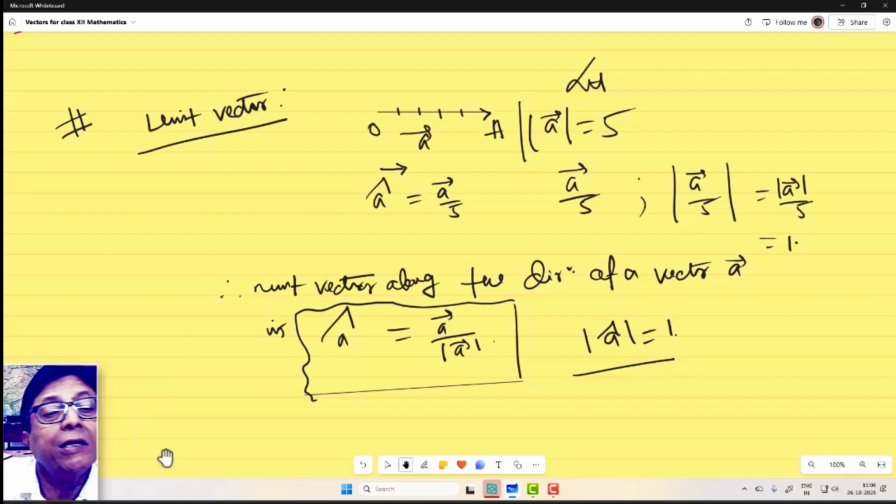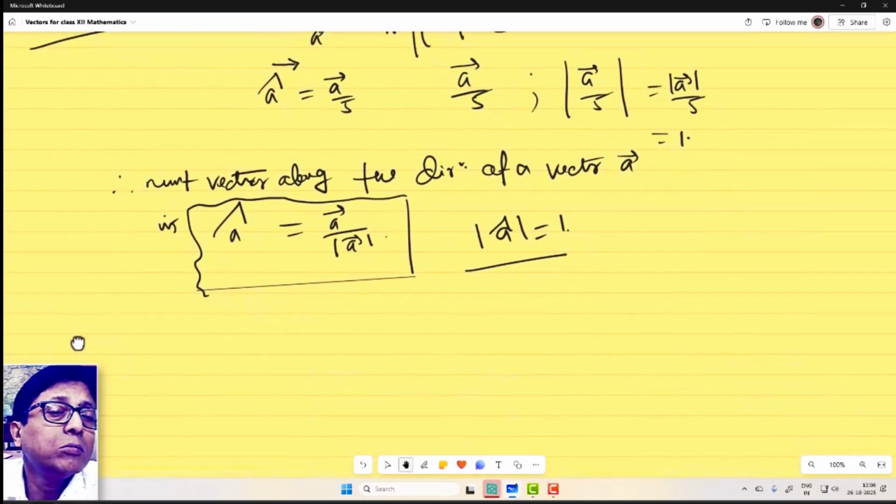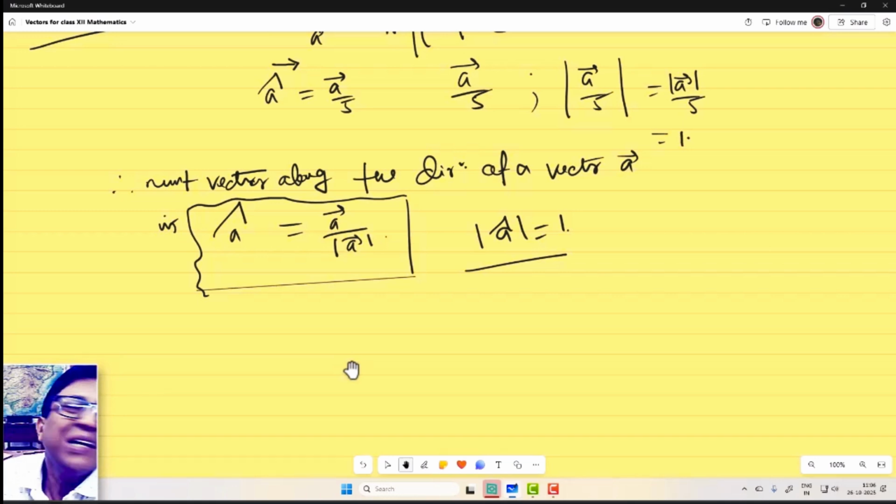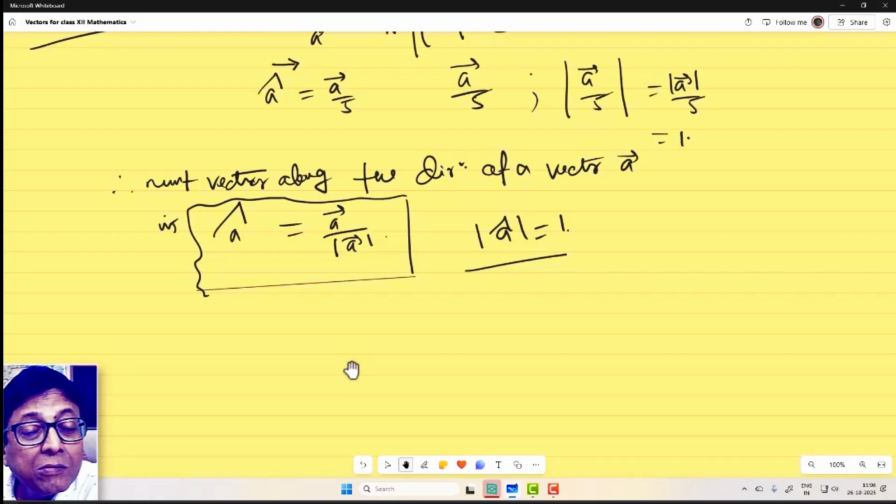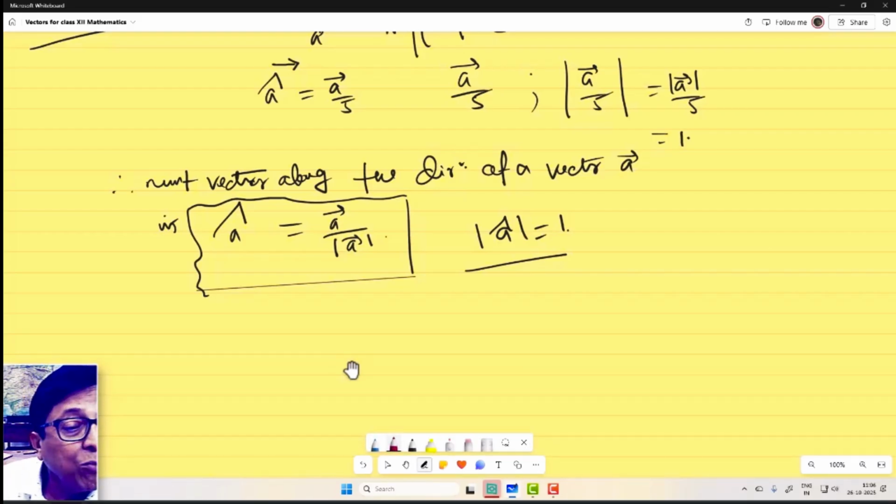Now, if I tell you, can you draw a vector of magnitude, say any magnitude, 9, 10, 15, whatever, along the direction of a given vector? Then you need to take the help of unit vector. Okay? So I am writing the most important use of unit vector.